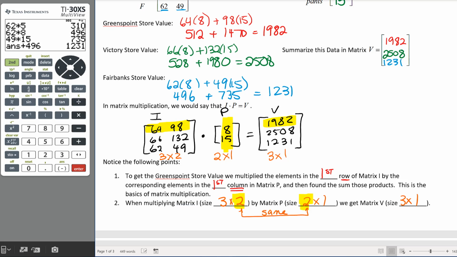When you're matrix multiplying, the two inner size values need to be the same. And then it turns out that the resulting matrix size will be 3 by 1, the rows of the first matrix by the columns of the second matrix, which is how we got a 3 by 1 product matrix size.